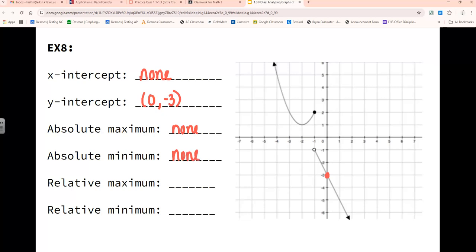Okay? Relative maximum. I don't like this. In calculus, we would not do this one. Do I even want to mess with that? I think that, okay, let's see.